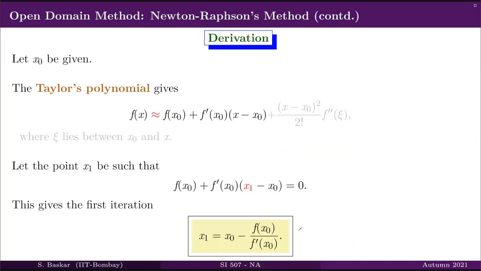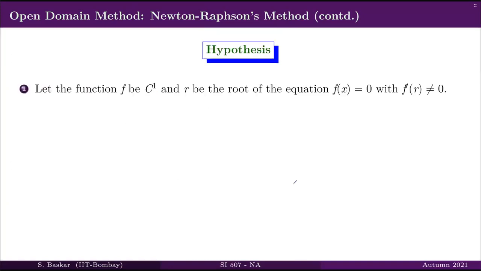The same formula is now achieved by the process of linearizing the function f. This process is called linearization of a nonlinear function, and that is why Newton-Raphson method is also often called linearization technique. Let us now write the algorithm for Newton-Raphson method.